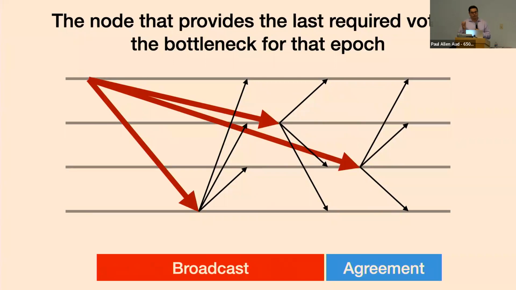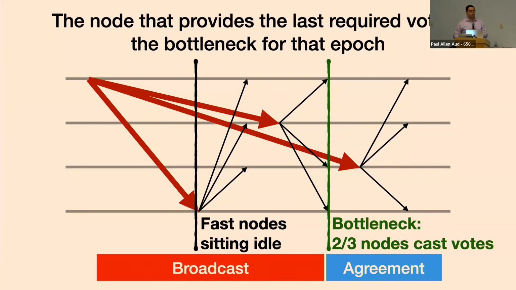And in every epoch, you have to wait for that 2/3 vote before you can make progress. So fast nodes can't really use their entire network bandwidth. They have to stall waiting for that final vote. And that 2/3 slowest node becomes the bottleneck for that epoch. So that's the basic issue.